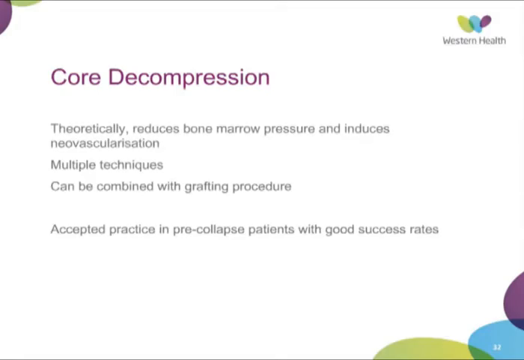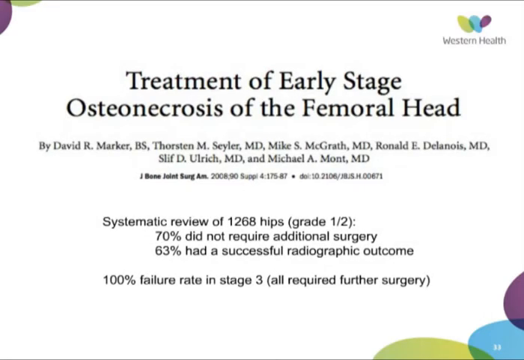And I think this is generally something that's been accepted in the orthopedic community, and especially locally, that in patients that have pre-collapse, they have good success rates with core decompression. The treatment of early stage avascular necrosis with core decompression is well documented, and again, Michael Mont has shown in a recent review that in grade 1 and grade 2 of over 1,000 patients, there was a 70% success rate with them not requiring any further surgery, and over 60% of them had a good radiological outcome.